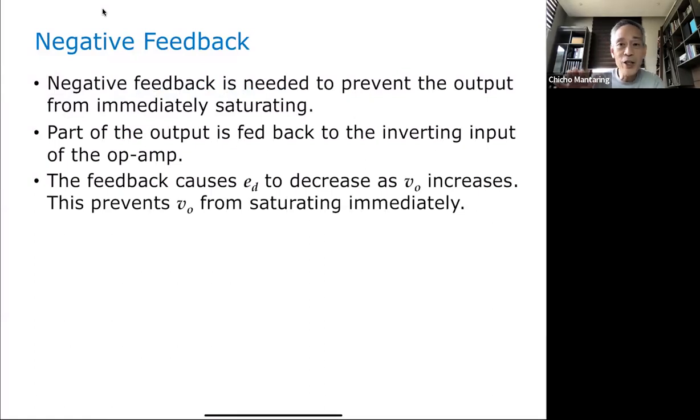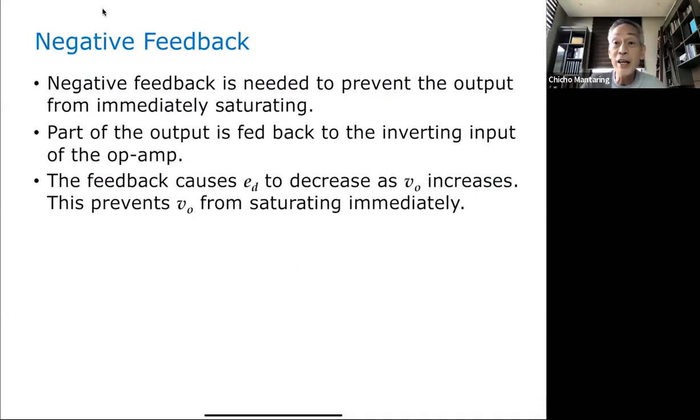So isipin na lang ninyo, tumataas yung V sub O, part of that ay feedback to the inverting input. Ang mangyayari, yung inverting input, kasi tumataas yung V sub O, bababa yung E sub D. Pag bumaba yung E sub D, bababa din yung V sub O. That's what you call negative feedback. So it tends now to regulate itself.